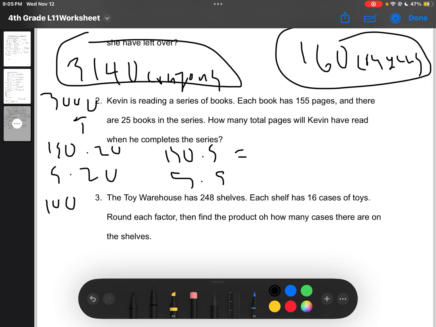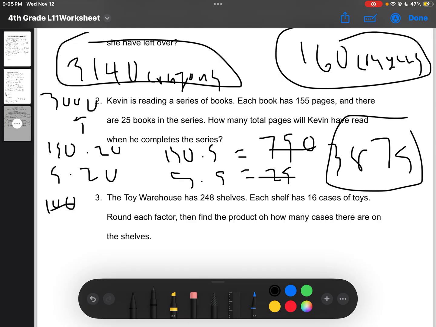So 15, 30, 45, 60, 75. So this will be 750, and this will be 25. So if we add all these together, we get 3,100, 3,850, 3,875 pages.